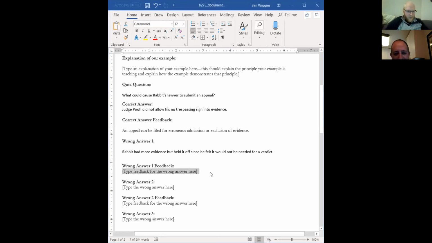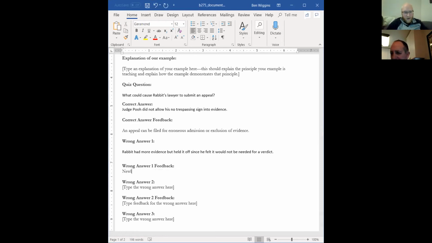Wrong answer feedback. Yeah, wrong answer feedback. So in this case, we're saying new evidence can't be brought forward after the fact. New evidence can't be brought after the trial.